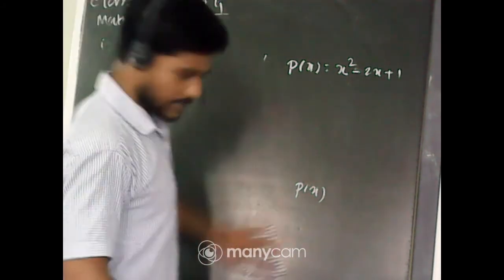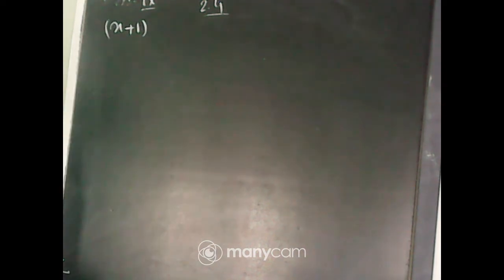Come to the exercise. We'll solve from the very first question. So look, four polynomials are given, we have to determine whether x plus 1 is a factor of the following polynomials or not.